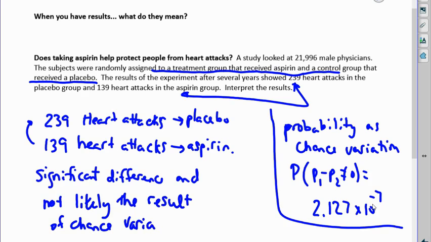So when you look at the actual numbers, that's when you can use words like significant. Okay, so that's experiments. Make sure you're very clear about not using sampling words when describing an experiment.